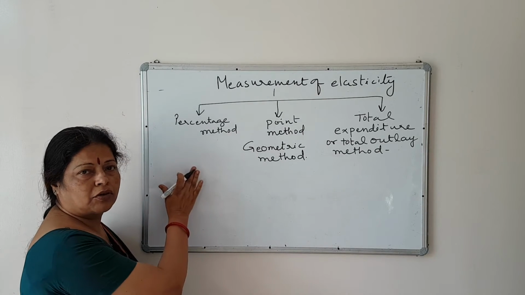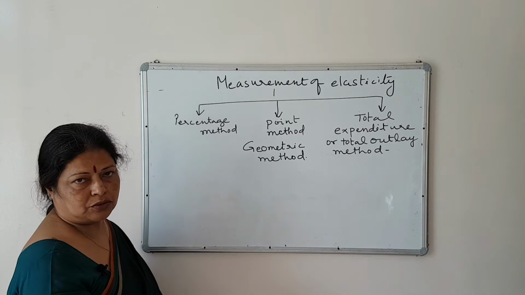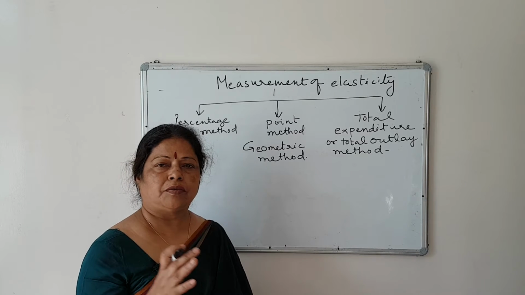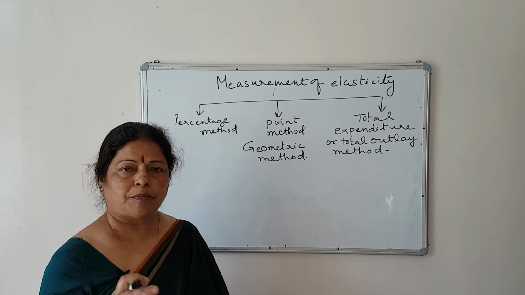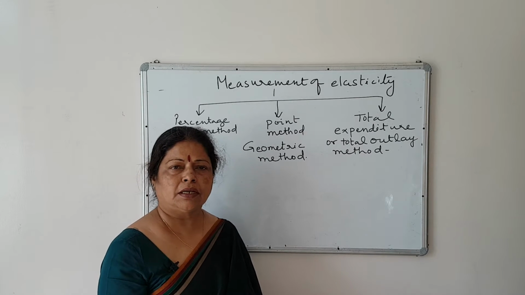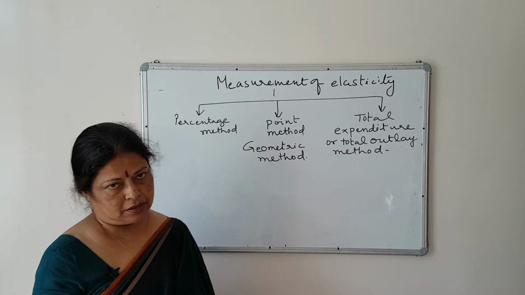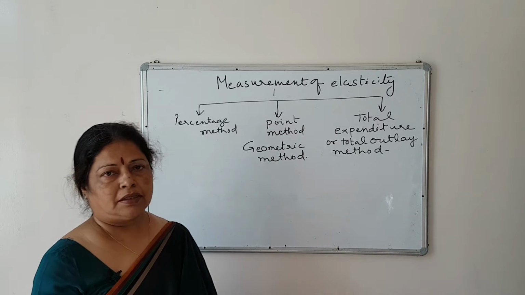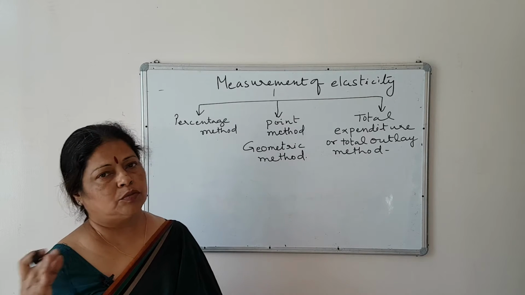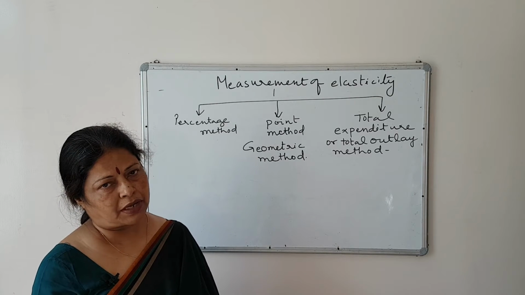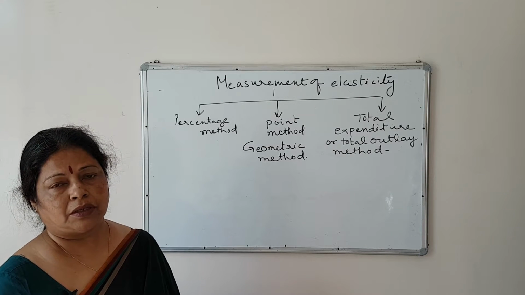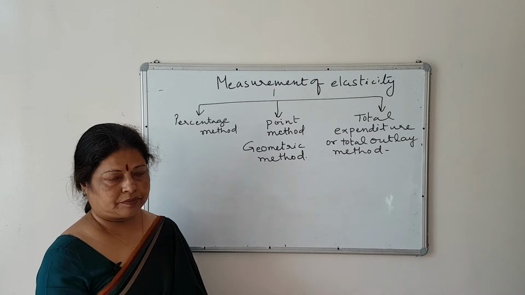The percentage method I have already explained in previous videos. The comparison is made between two things: if price changes, how much percentage change will there be in quantity demanded. If the percentage change in quantity demanded is more than the percentage change in price, EP is elastic, or you can write EP more than 1.